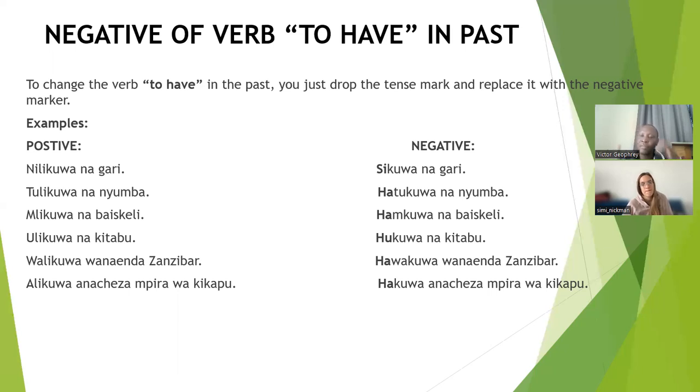Is it past or future? They have gone is in the past. Walikuwa wameenda Zanzibar. But even if we say wameenda Zanzibar, it's still correct. They've gone to Zanzibar. Wameenda Zanzibar, because that is the perfect tense, and the one that stands for the perfect tense is me.